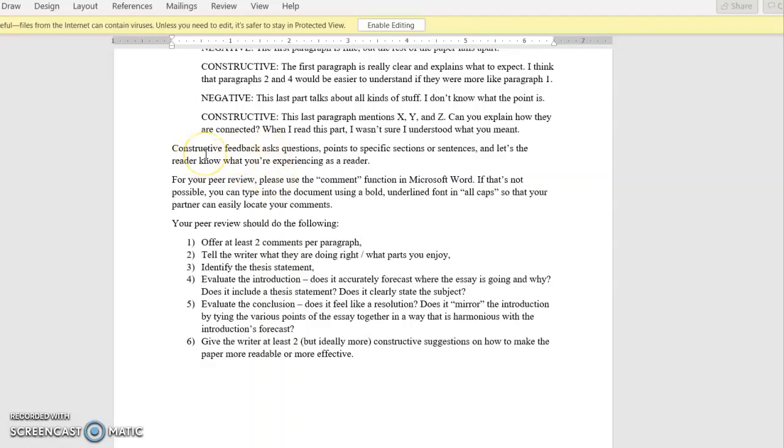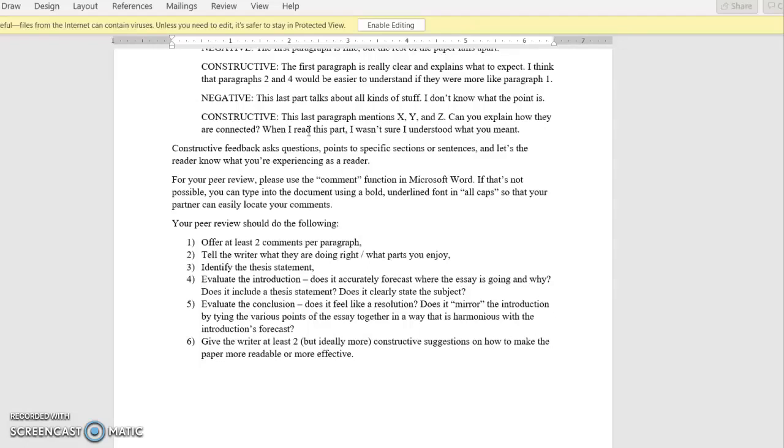So constructive feedback asks questions, it points to specific sections or sentences, and it lets the author know what you're experiencing, right? So here you say, when I read this part, I wasn't sure I understood what you meant. So instead of saying, this just is confusing, you're actually saying, when I was here in this part of your paper, I experienced confusion, I experienced disorientation.